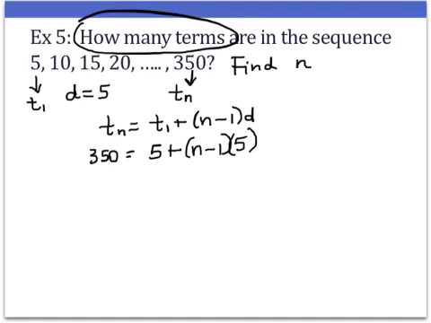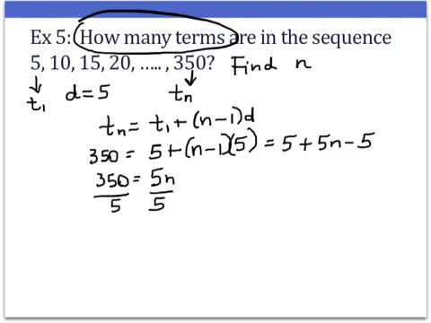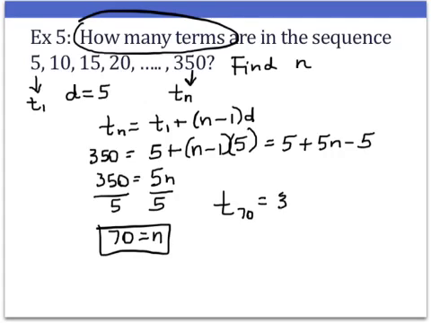So we should really distribute that 5 through the parentheses. So 5 plus 5n minus 5. And that means 350 is equal to 5n. And we divide both sides by 5. And that means we have 70 equals n. So this is the 70th position, so what we can say is that T70 is equal to 350.